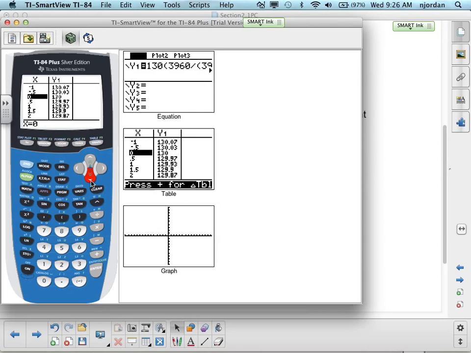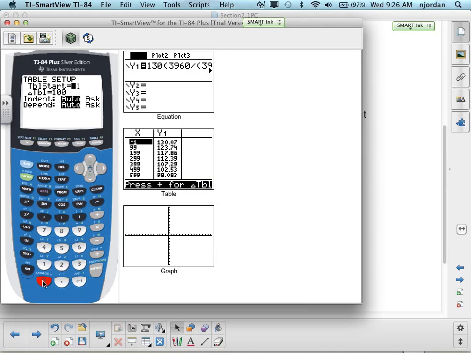At 0 height, when she's on Earth, she weighs 130 pounds. So if we want to put it in increments of 100, because we're doing 100 miles away, 500 miles away, go to table set, change your delta table to 100. I'm going to put this back on 0. I'm going to start it at 0.